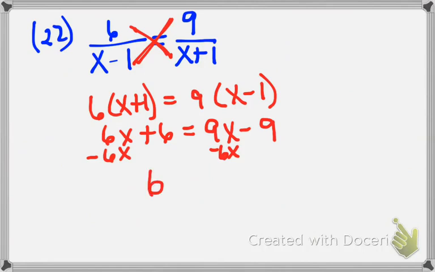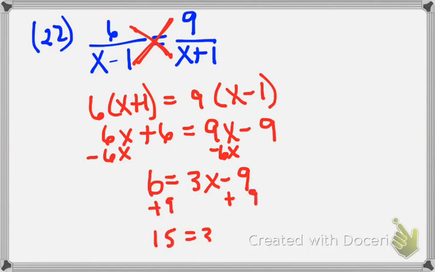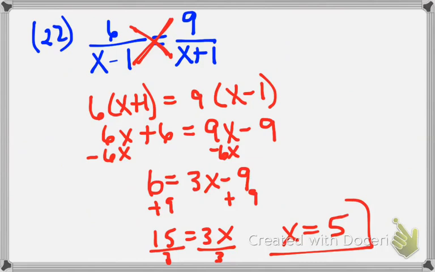So then I have 6 equals 3x minus 9. And I'm just going to finish solving this and have my answer. So add 9 to both sides, divide by 3 on both sides, and you're going to get a solution of x equals 5.